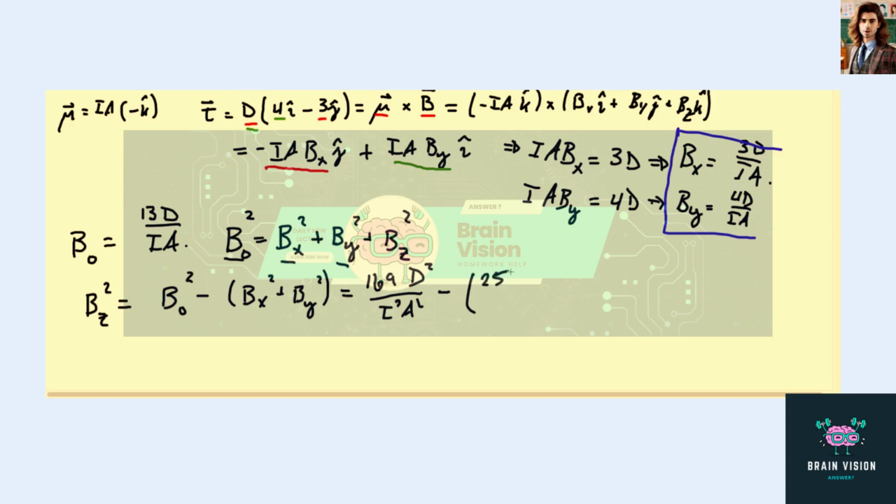So this will be 25 d squared over I squared A squared.